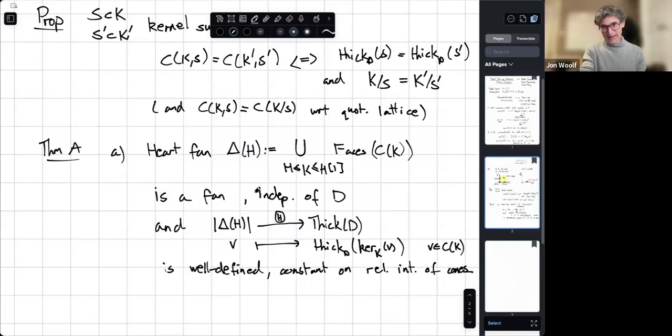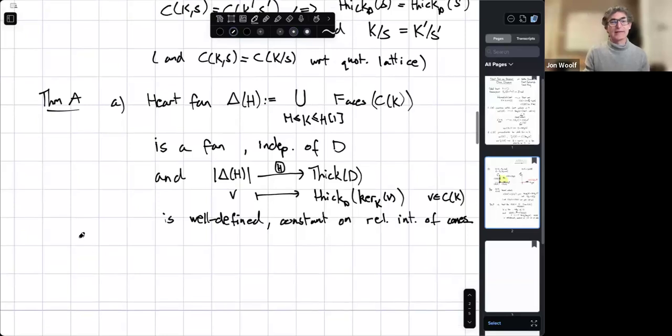But yeah, to gloss that, you have a fan, the cones are labeled by tilt subcategories. The second part says what happens if your heart is a bit nicer. So if H is length, then the heart fan is complete.